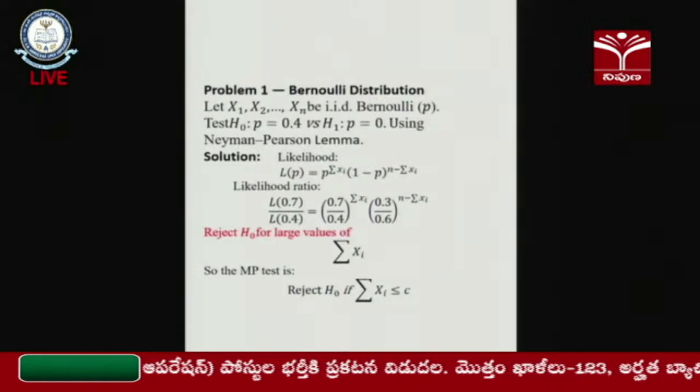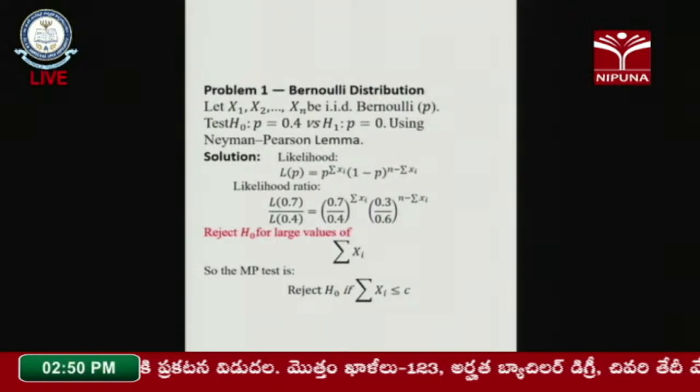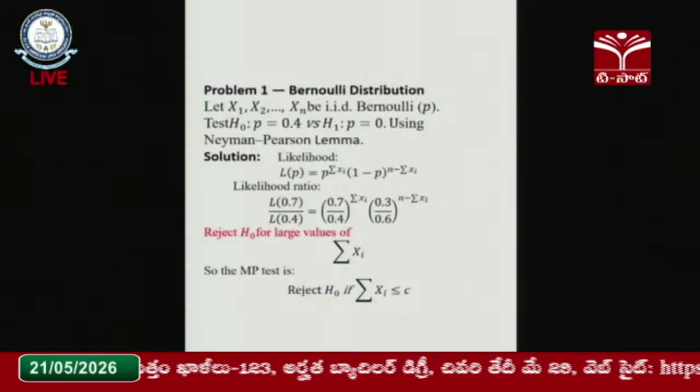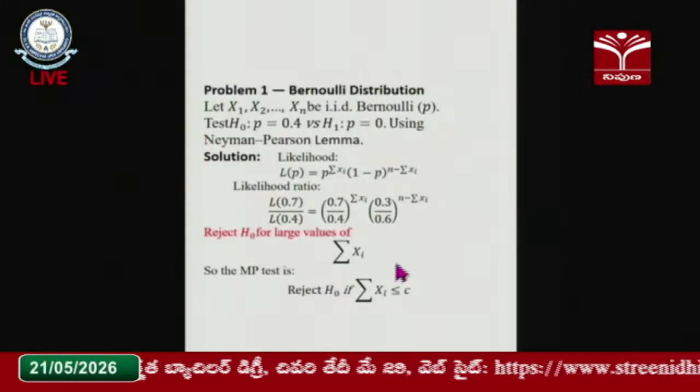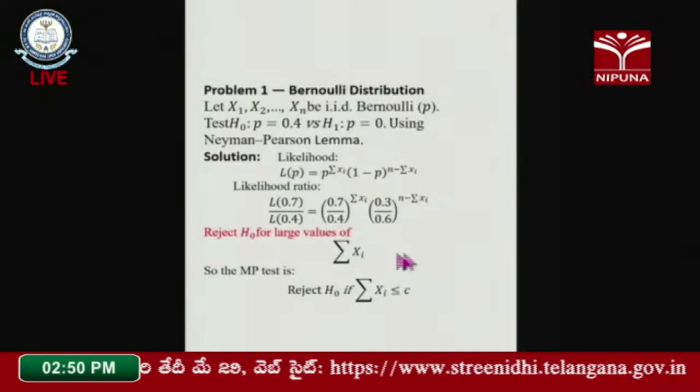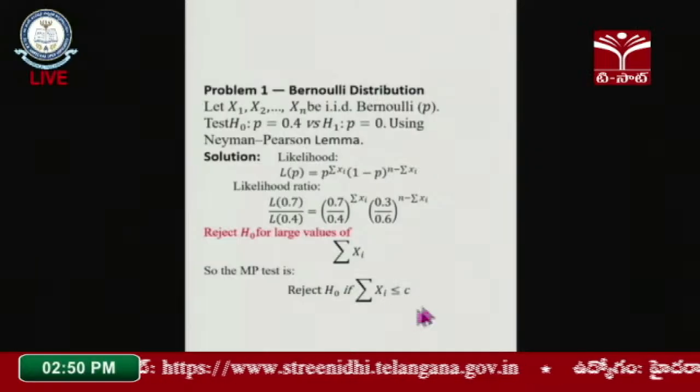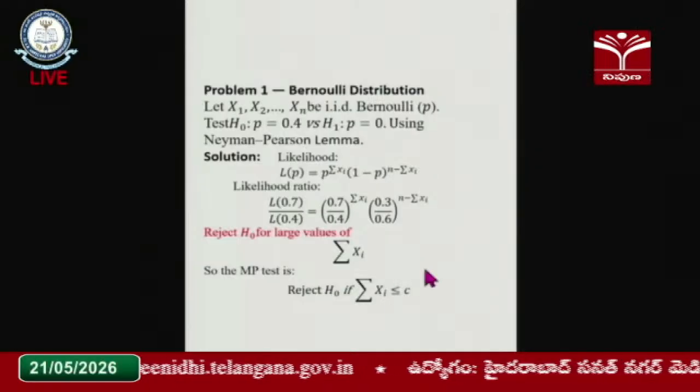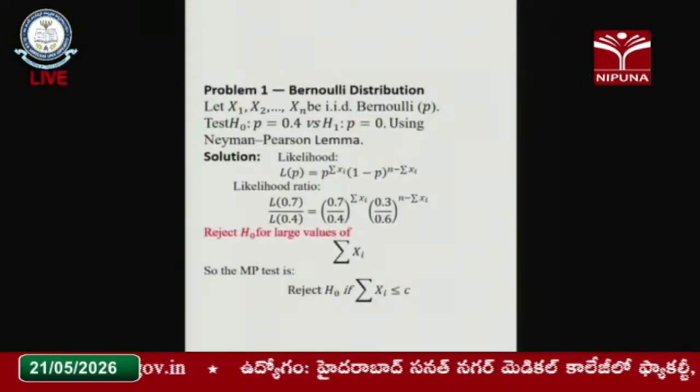According to the MP test, we reject H0 when sigma xi is less than or equal to k. This is one of the most important concepts in testing of hypothesis, called the Neyman Pearson lemma.